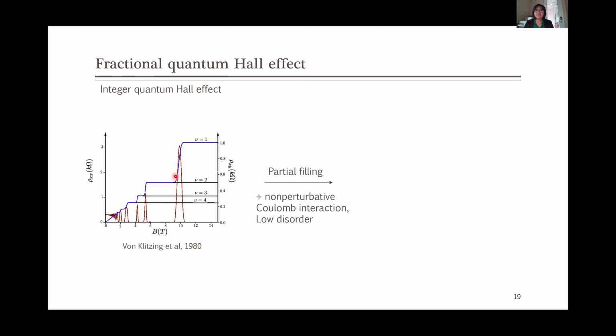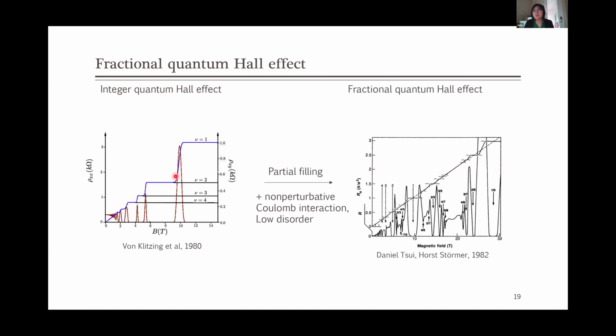But if you have a really large magnetic field, or in other words, partial filling of your system, with non-perturbative Coulomb interactions among electrons, strong interactions, and low disorder, then what was first seen in 1982 was the fractional quantum Hall effect.